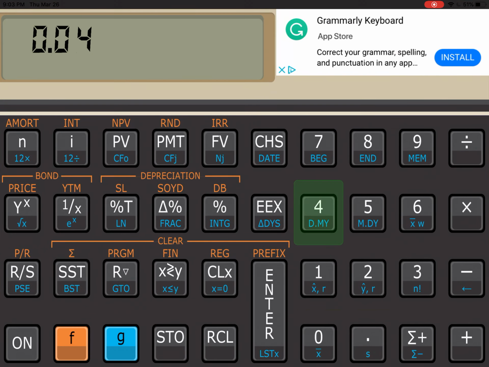So 0.04 times, and then 1.8 plus is 3.3368.